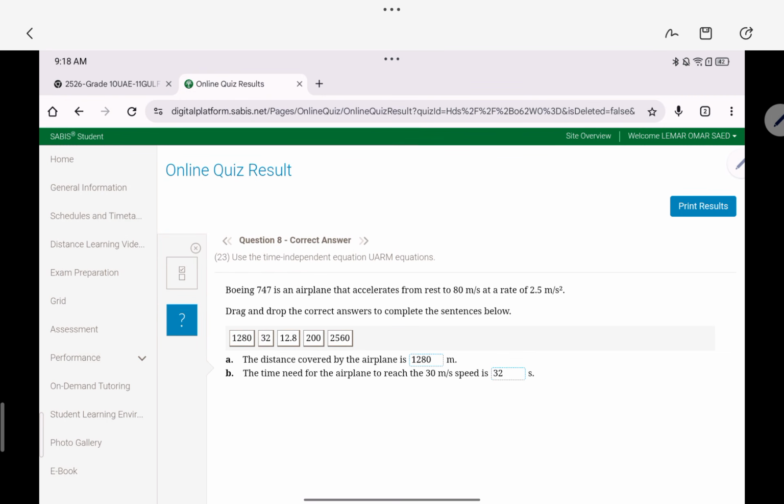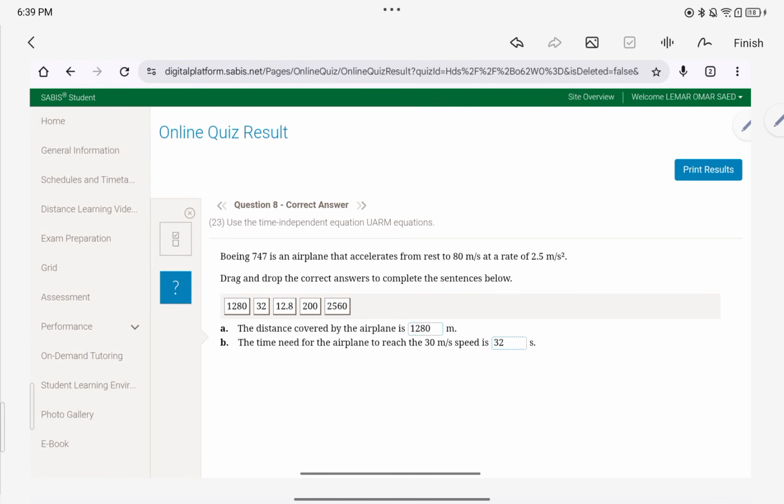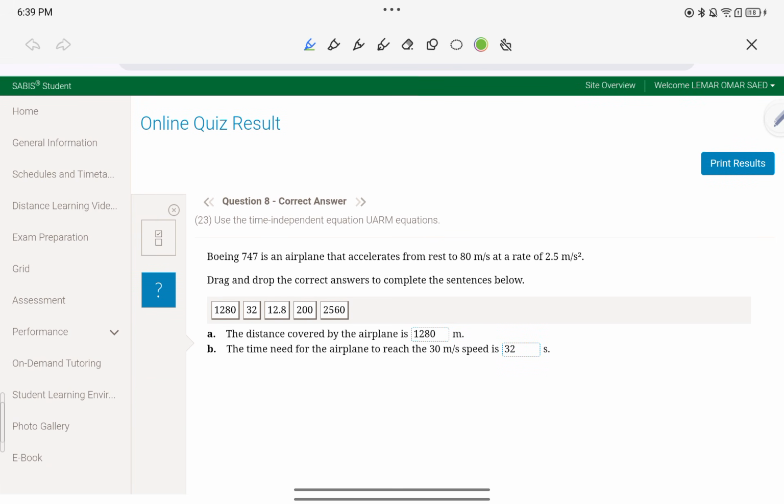Yeah, question number 8. Listen, this question has a mistake in part B, but first let's do part A. Now, part A, we have to find the distance covered by the airplane.